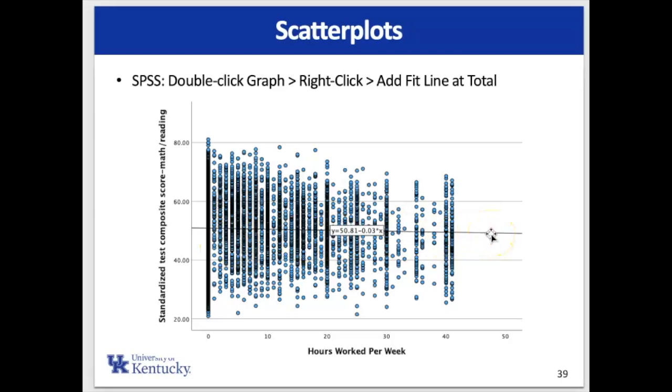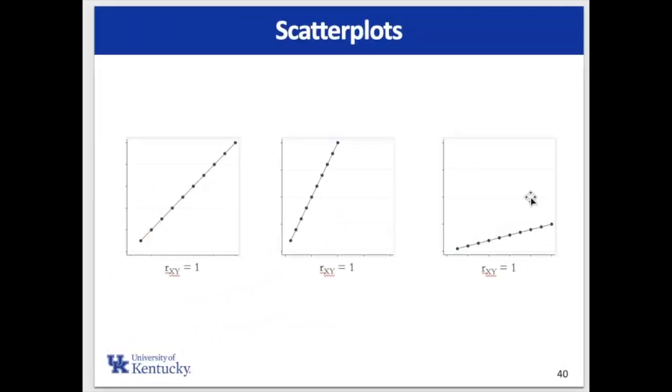But its limitation is talking about the slope. Let's look at a slide that shows us slopes. Here we have 3 scatter plots, and all of these have a correlation of 1. But notice that the slope of each of these is different. That's where regression comes in, and we will talk about regression towards the end of the semester.